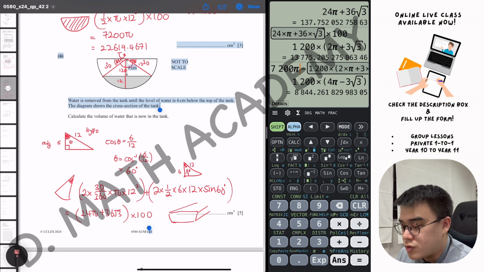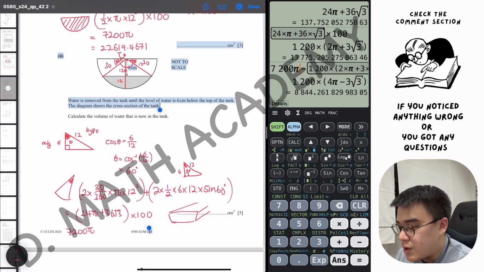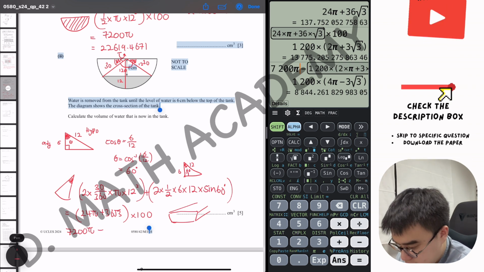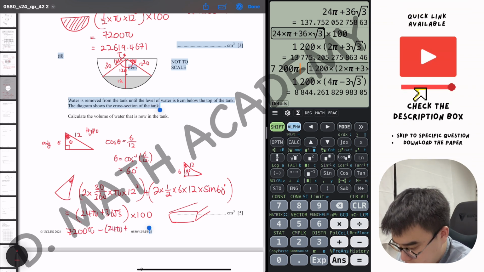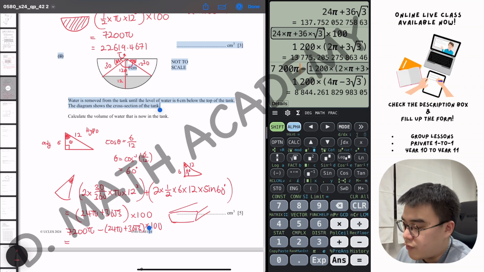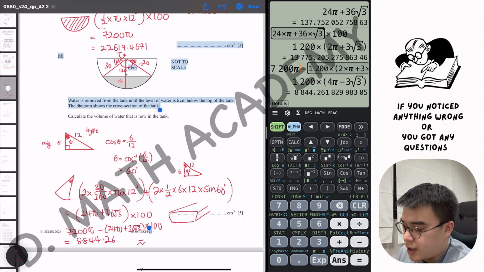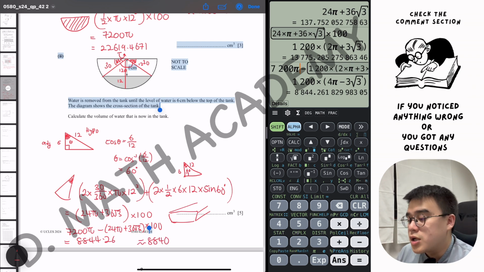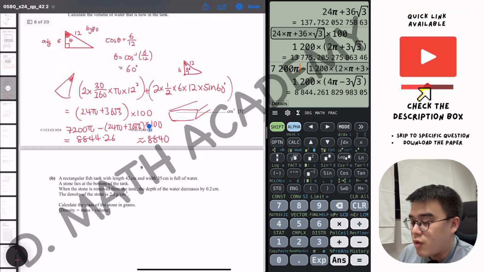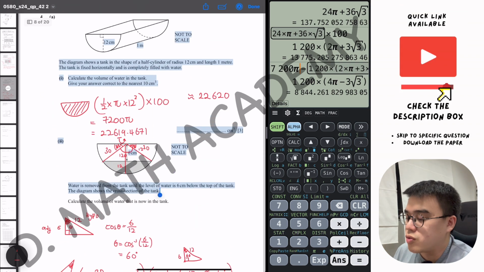So we will be taking 7,200 pi minus whatever that was happening here. And you got your answer as 8844.26, which is approximately 8840. So that's it for your answer here for question 4A2.